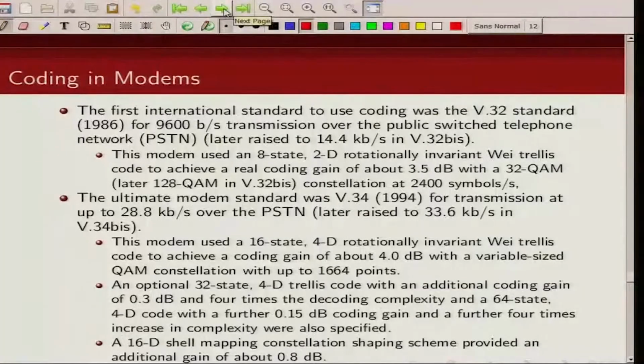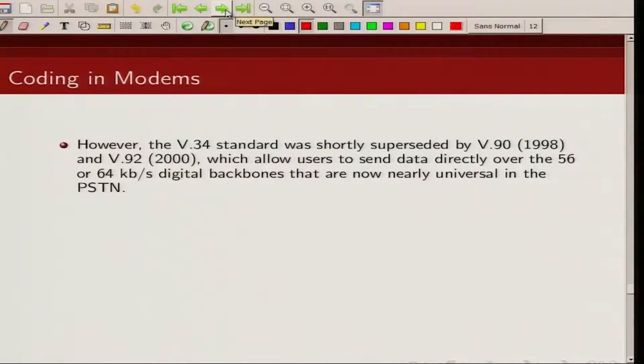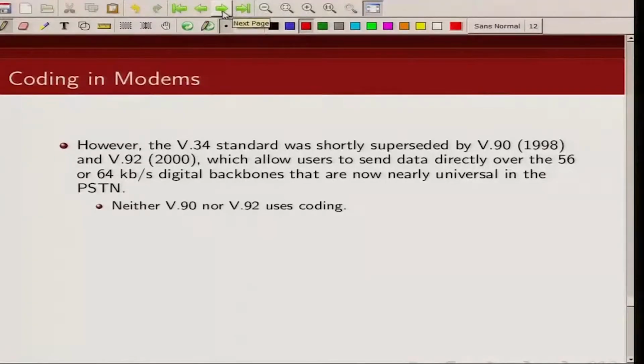But when we progressed to digital backbones, there was no need for these codes, and so the V.90 or V.92 standards essentially do not use any of these coding techniques.